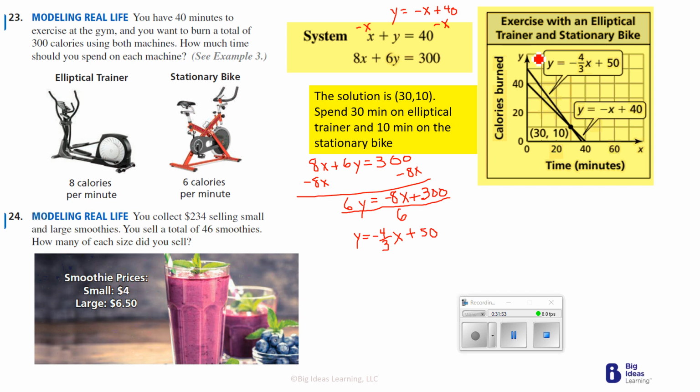And now you can see why up here they went from 40 to 50. And they went down 4 and over 3 each time. So it was a steeper slope, going down still, because it was a negative. And they connected at 30 and 10. So they're saying the solution is 30 and 10. Spend 30 minutes on the elliptical machine and 10 minutes on the stationary bike.